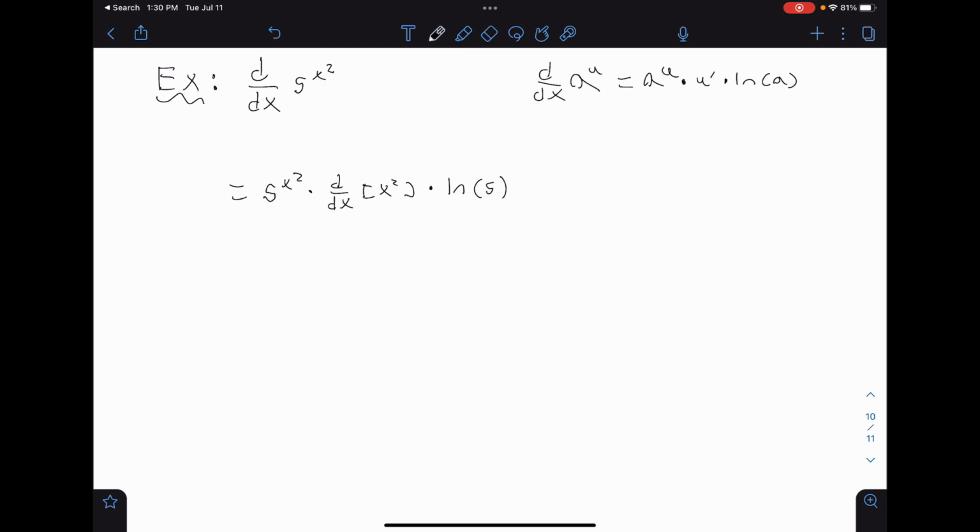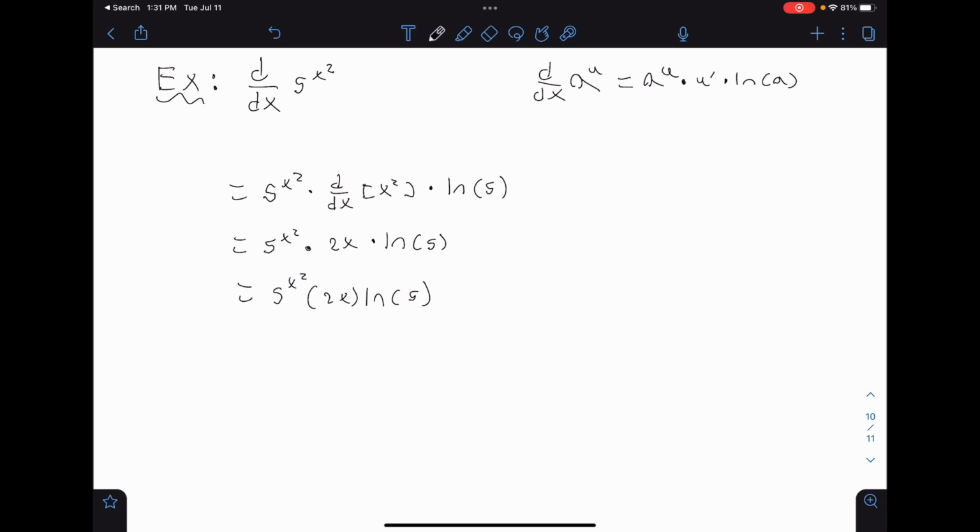So let's simplify. We have 5 to the x squared times the derivative of x squared, so that's 2x from the power rule, times ln of 5. That is equal to 5 to the x squared times 2x times ln of 5, and that is our answer.